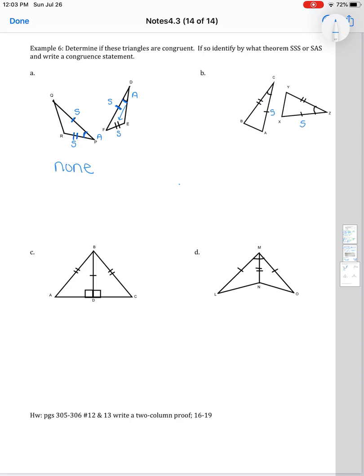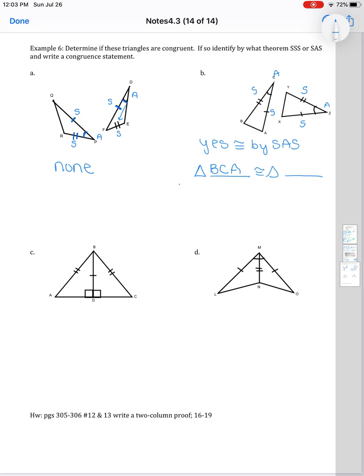So this triangle works because we have side, angle, side. So that matches up. But this triangle, I have a side, an angle, and then I've got this side that's all the way over here. So that would not be side angle side. Therefore, there is none that work for this one. So if it is not congruent, then you cannot write a congruent statement for it.